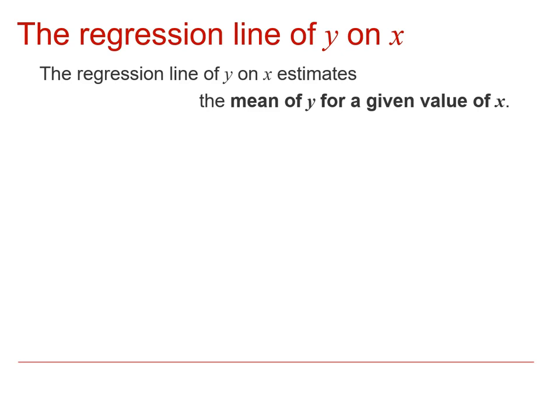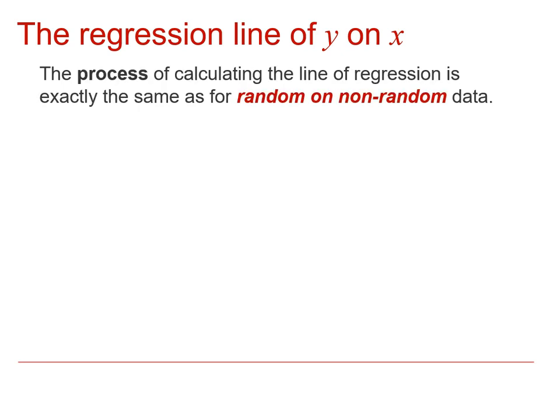So the regression line of y on x estimates the mean of y for a given value of x. The process of calculating this line of regression is exactly the same as for random on non-random data.